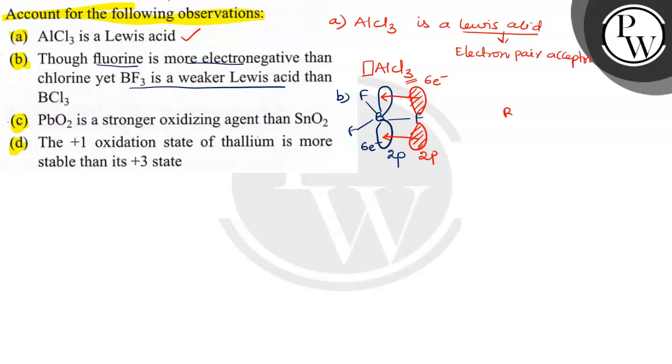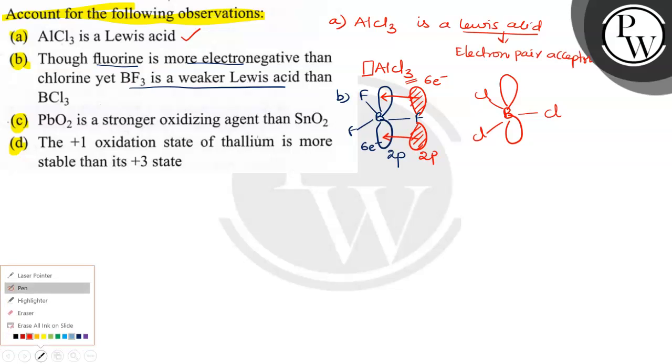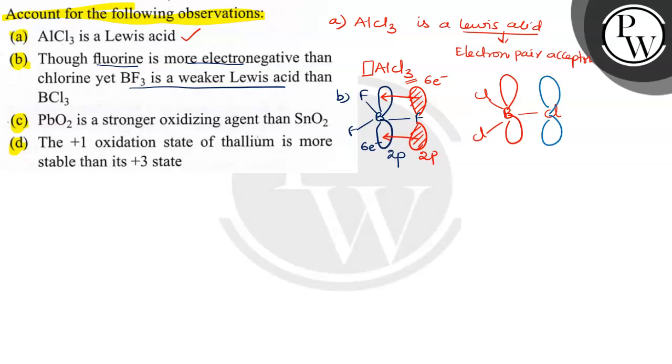Whereas in case of BCl3, B, Cl, Cl, Cl, this is also having a vacant p orbital and chlorine having a filled p orbital. So this is the filled p orbital of chlorine. Now see the back bonding tendency here. This is 2p orbital; chlorine atomic number 17, so its configuration 1s2 2s2 2p6 3s2 3p5.